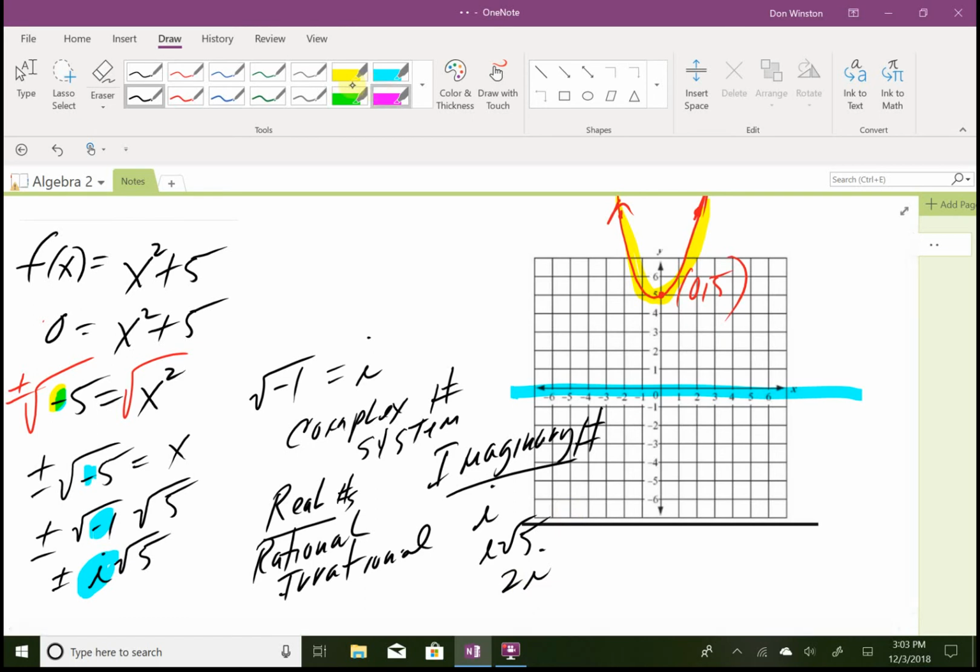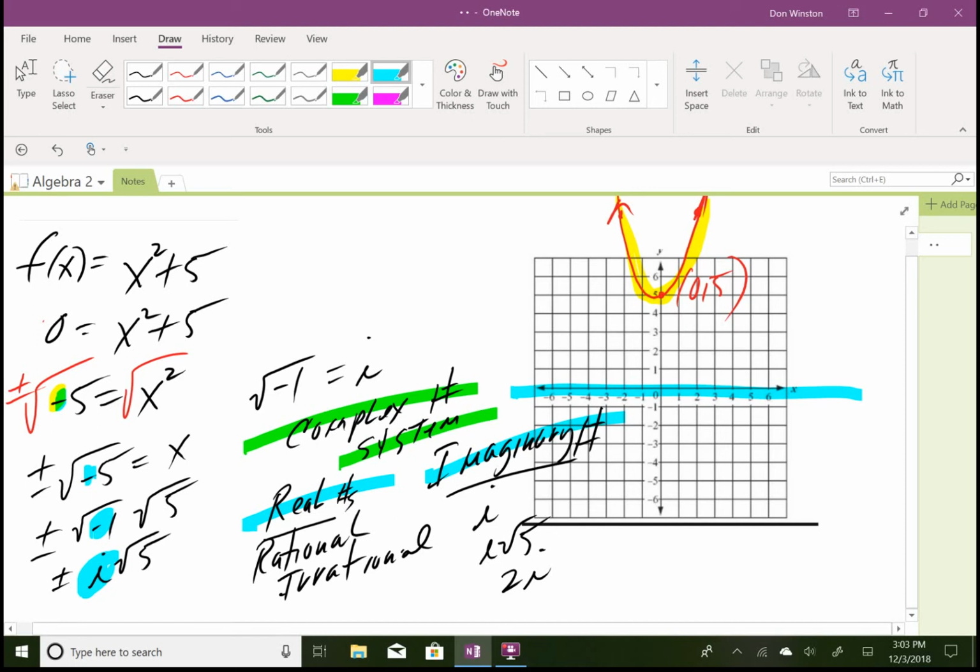So this will be the complex number system, and it will have both real solutions or imaginary solutions. Imaginary numbers are real numbers. The complex number system is about as far as we can go in terms of hierarchy.